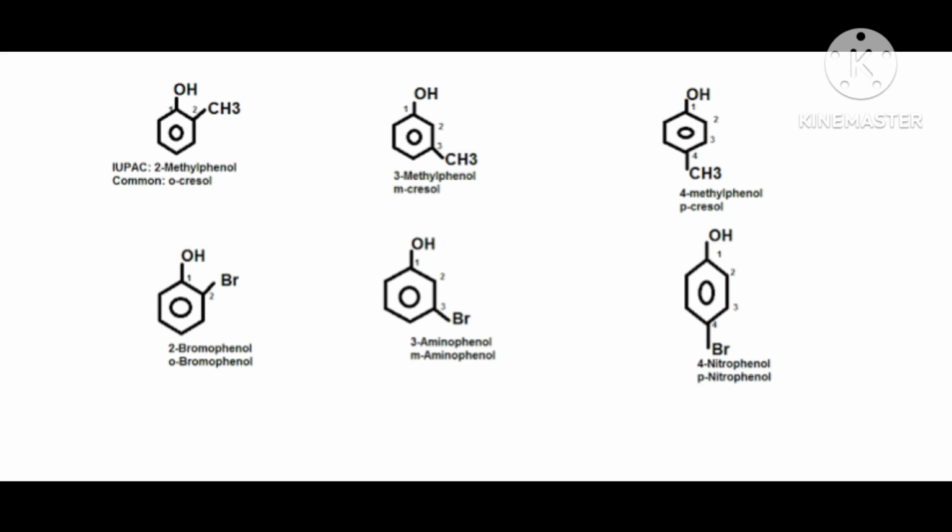And what will be the IUPAC name? Here you see the parent is 3 carbons, meaning propane, and from the middle a methyl group is attached, meaning at carbon number 2 a methyl group is attached.